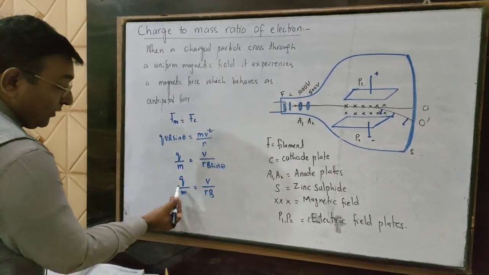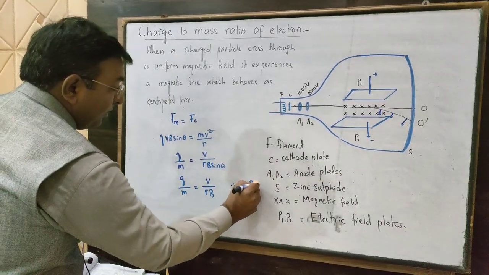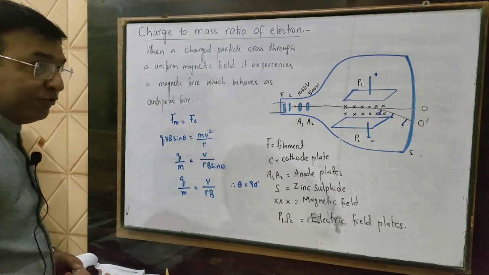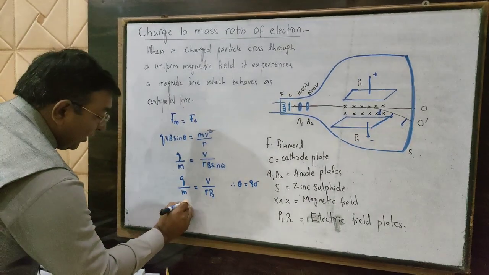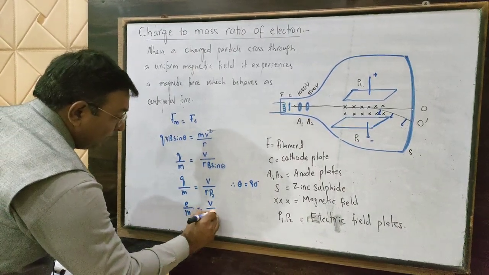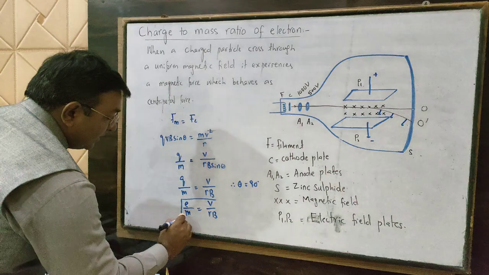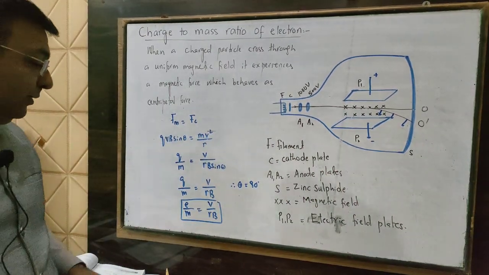But if we take the q value as e, for elementary charge which belongs to the electron, we can also write e upon m is equal to v upon rB. This is the simplest formula for charge to mass ratio for an electron.